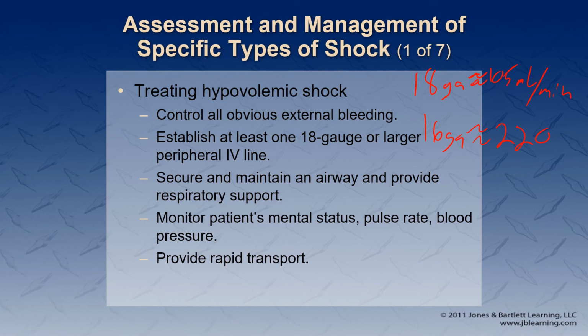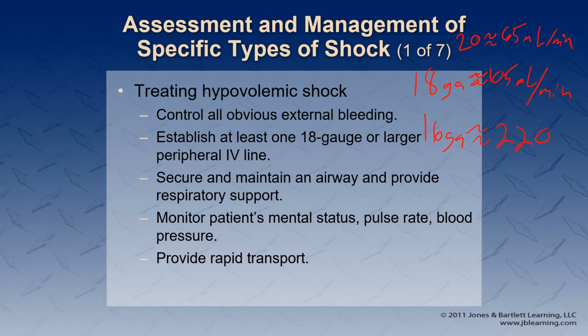Just for a little perspective, a 20 is about 65 mils per minute. So you're less than double from a 20 to an 18, but you more than double from an 18 to a 16. We can rapidly transfuse blood through an 18, but we can do it twice as fast through a 16.